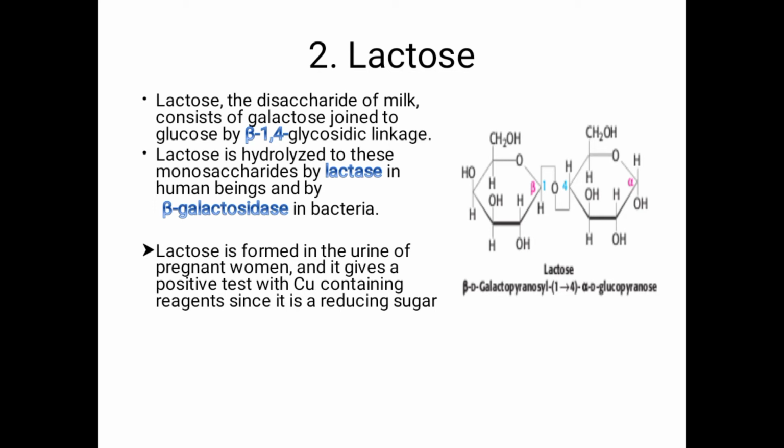So it is formed from two carbohydrates, one is beta D-galactose and another is alpha D-glucose. One of the sugars is alpha D-glucose or alpha D-glucopyranose, and the second one is galactose.